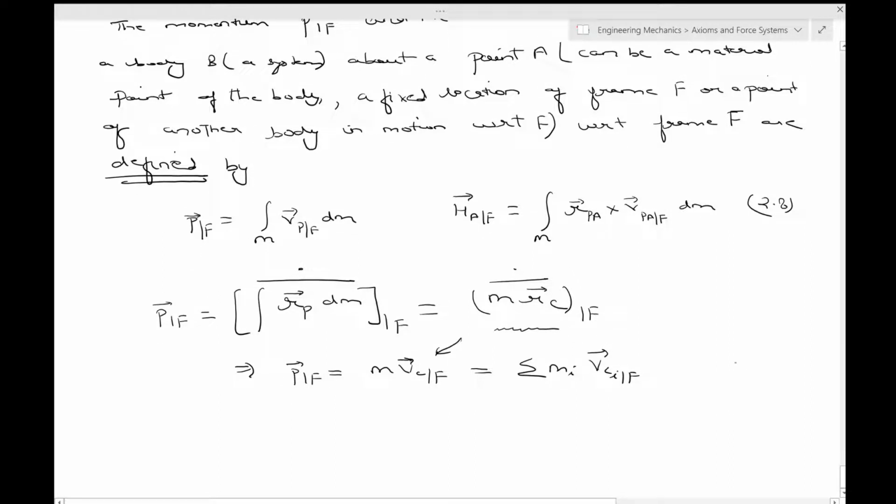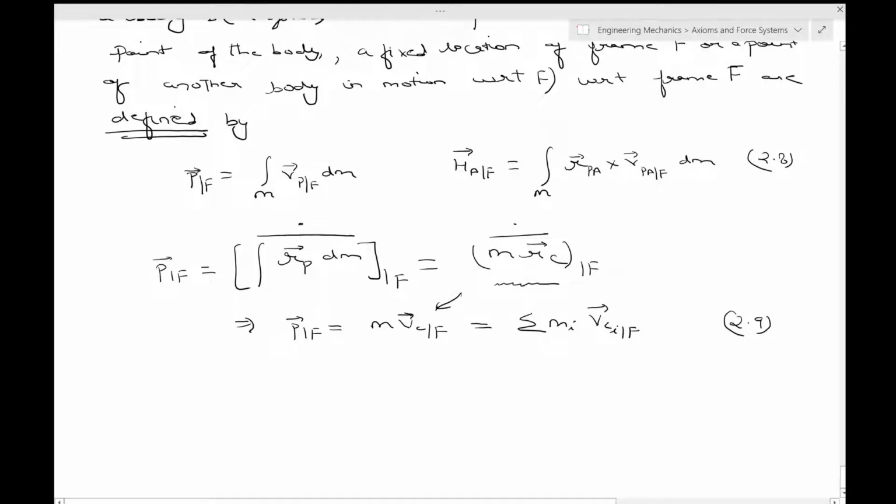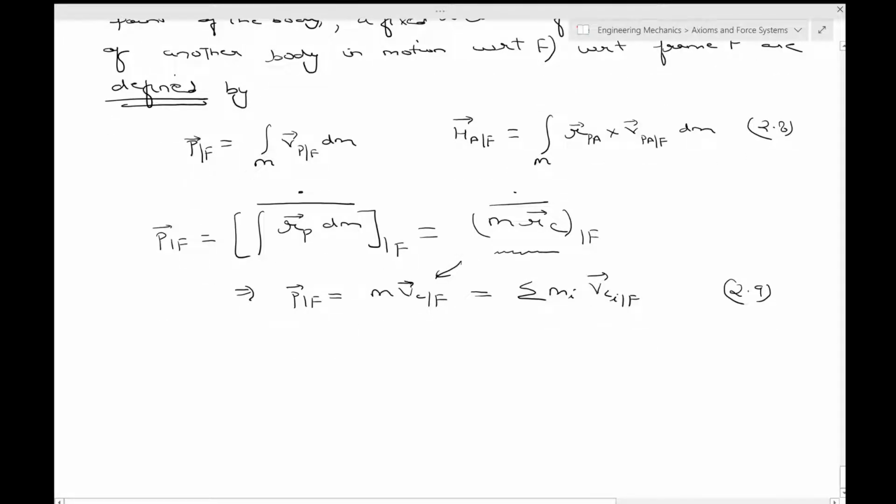So this is 2.9. Let's see how we can visualize all this. If you have, for example, a frame F with point O and this is the body.